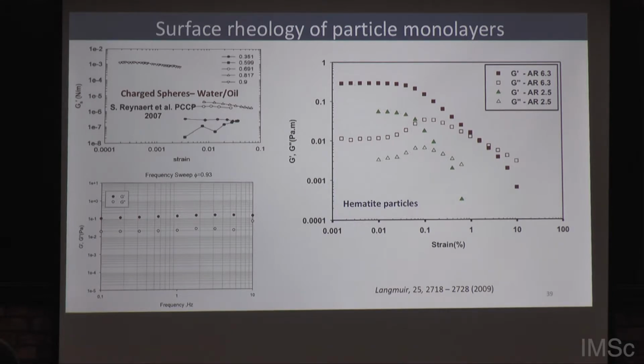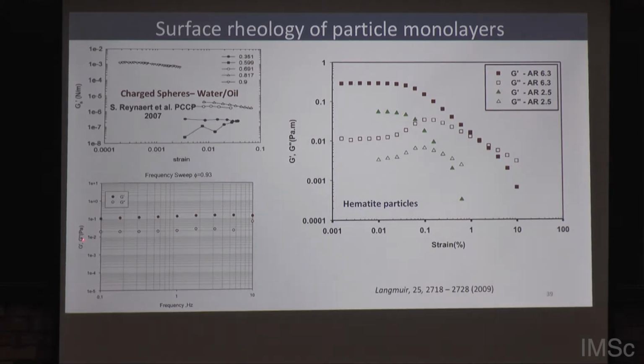So what you are looking at is some kind of a modulus measured as a function of strain. All this is data from spherical particles at a water-oil interface, and these numbers are of the order of 10 to the power minus 3 Newton per meter. This plot is for the case where we have elliptical particles.